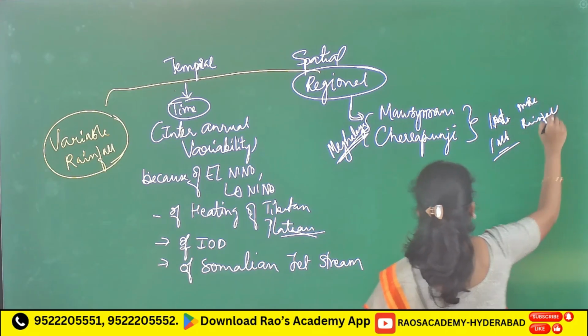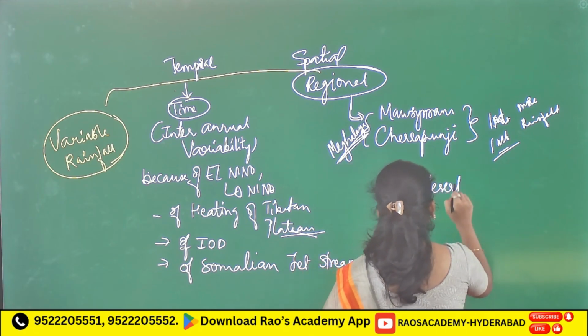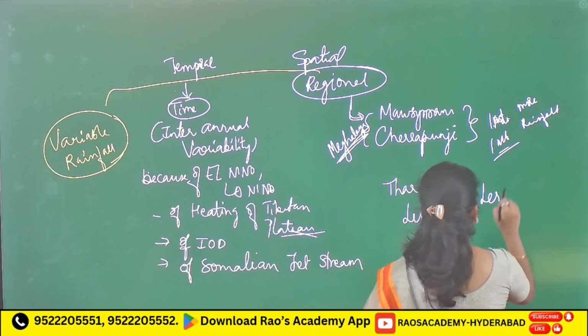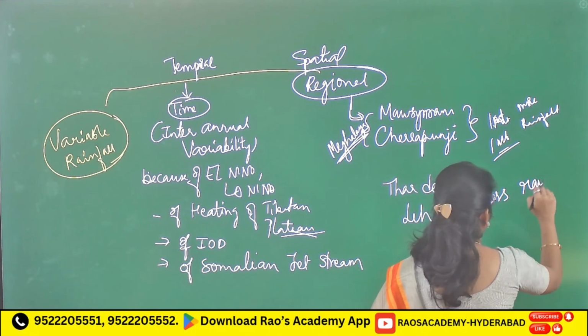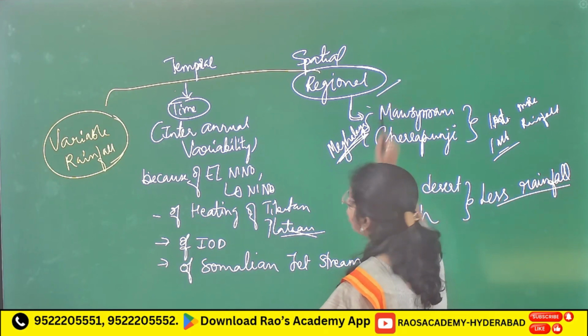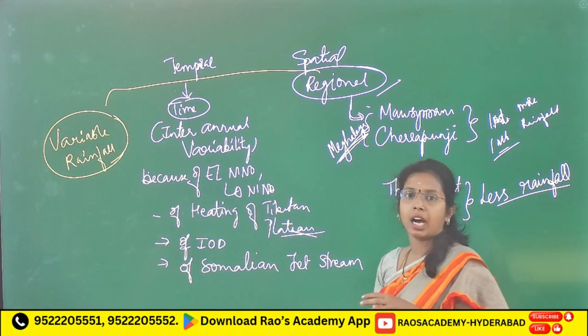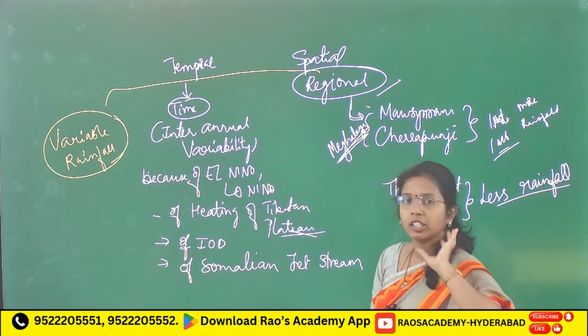But in the Thar desert and cold desert or Leh region, you will see less rainfall. That means spatial or regional variation. Two places are present in India, but we have seen spatial variation.